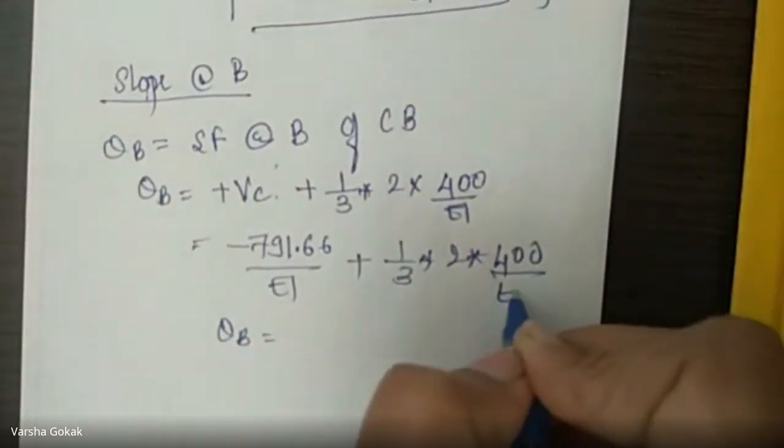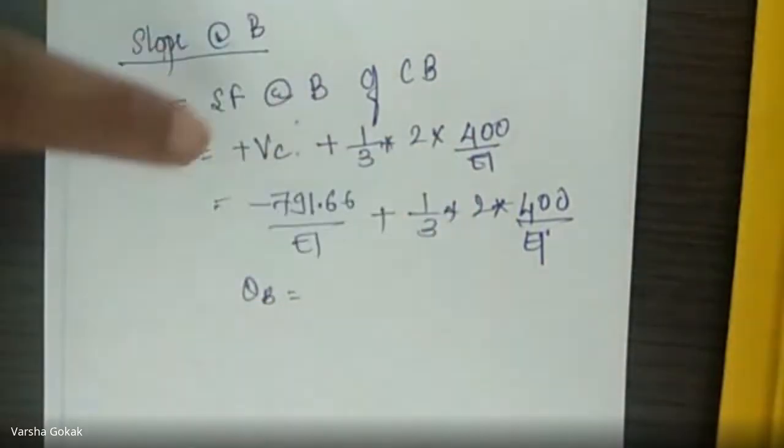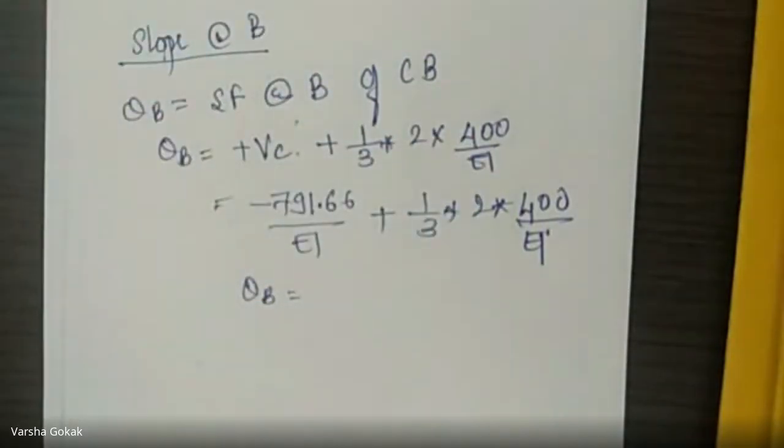400 by EI. This is also 800 by 3. And this is minus 527.33.